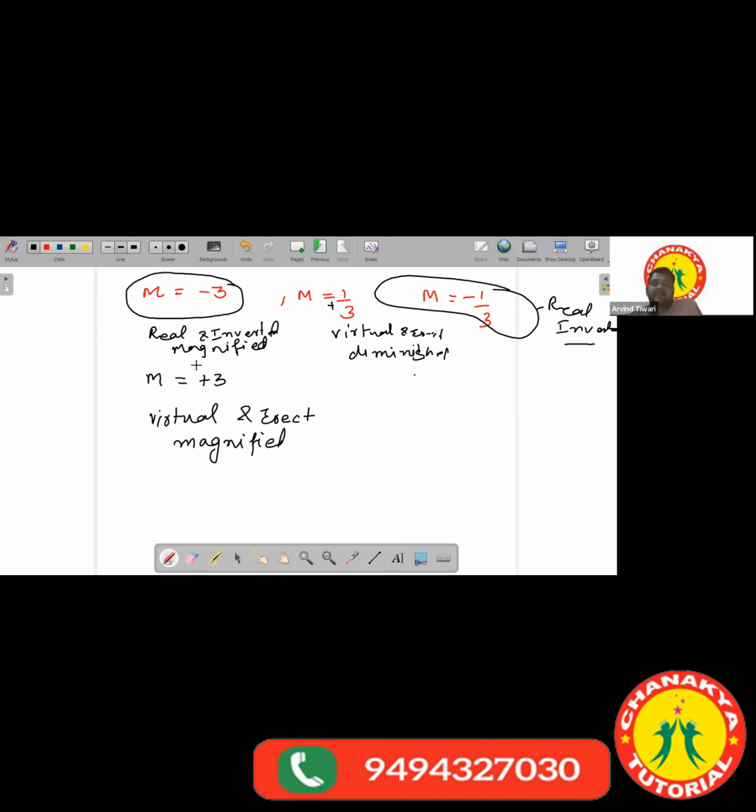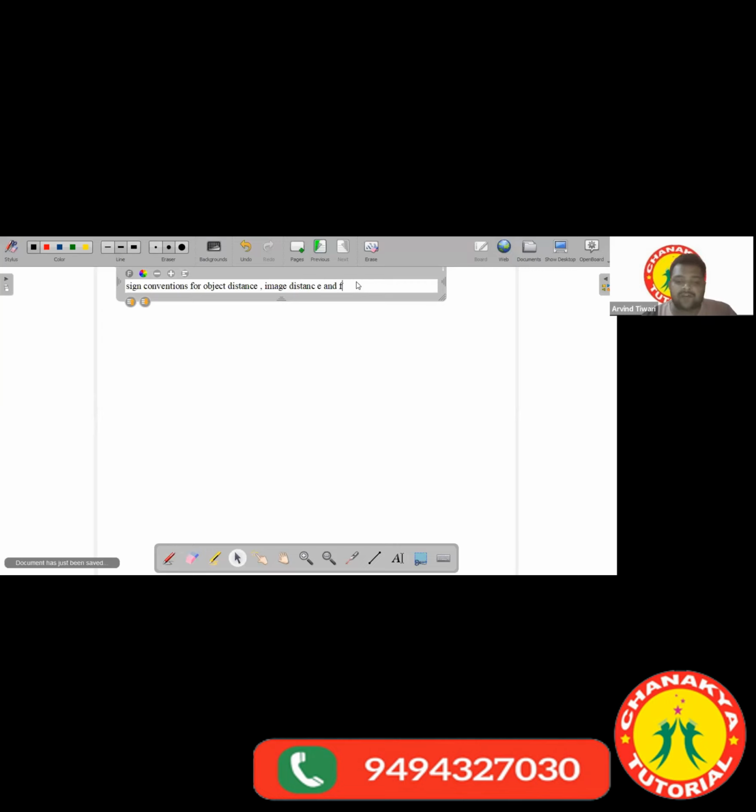The next part is sign convention regarding the object distance, image distance, and focal length. So here we will apply sign conventions for object distance, image distance, and focal length.